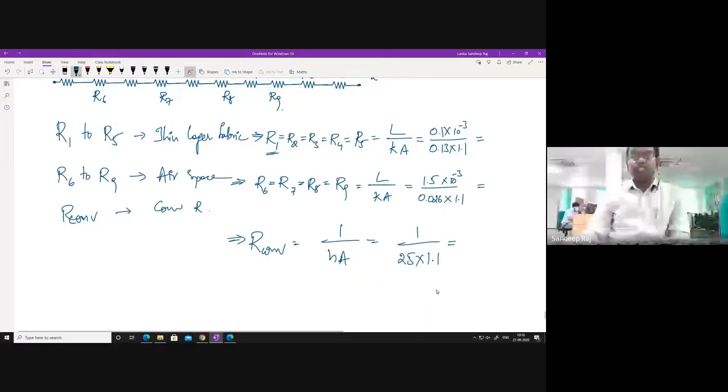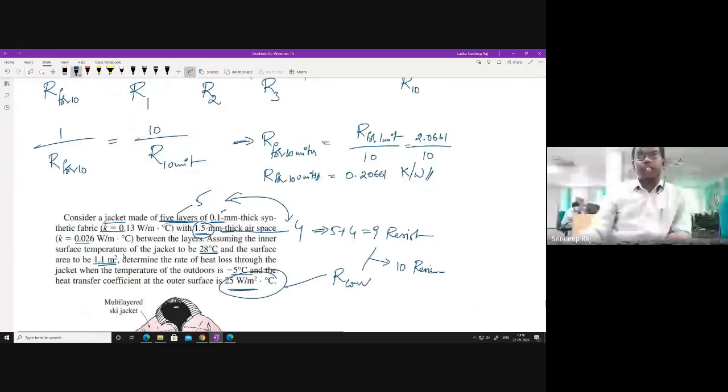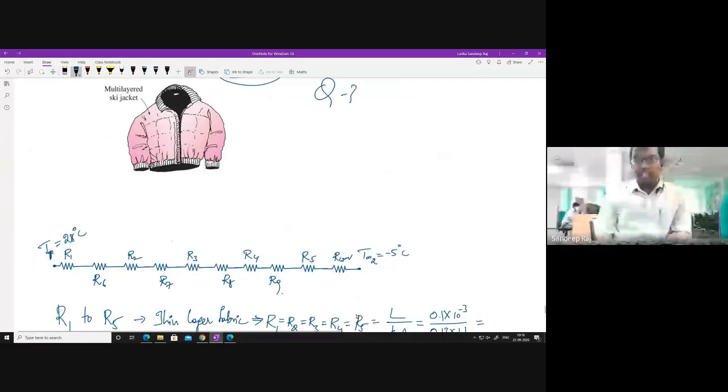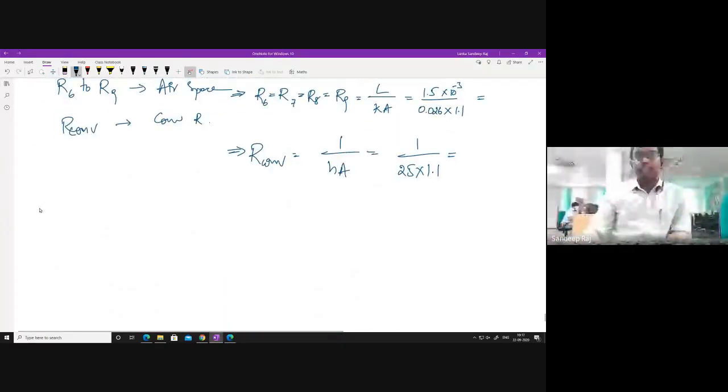What he's asking you to find is actually Q. Determine the rate of heat loss. So he's asking you what is Q. So to take that, Q is equal to 28 minus 5 by the resistance.